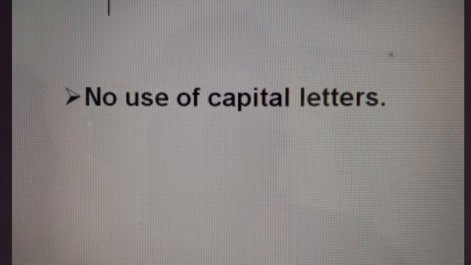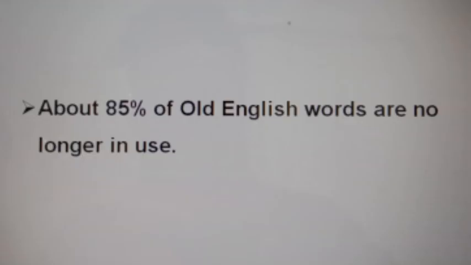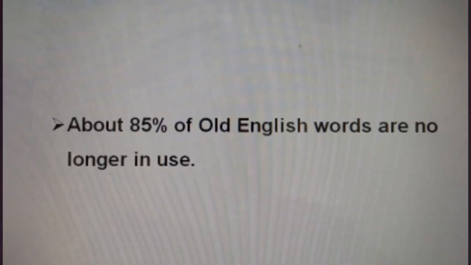More than that, some letters like J, V, F, etc. were absent. About 85% of Old English words are no longer in use in modern English.